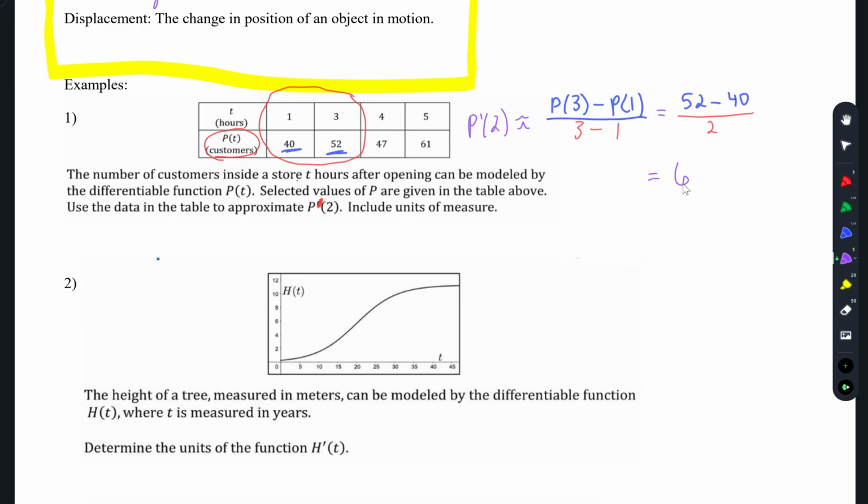Okay, so for the unit on this, it's literally whatever the unit was on the numerator divided by the denominator. So the unit on the numerator was customers. So it's going to be customers per hour.